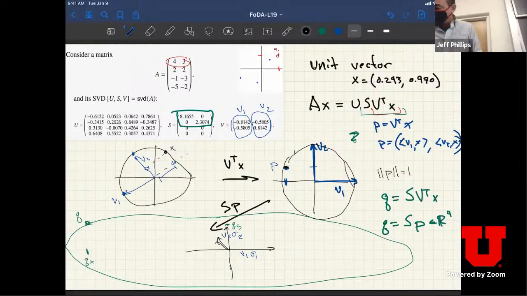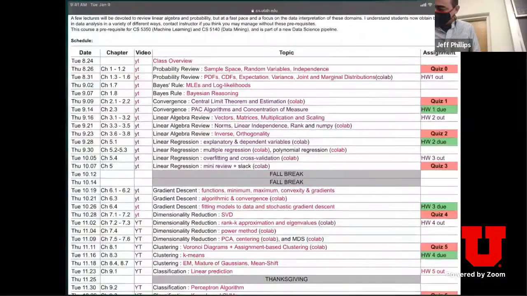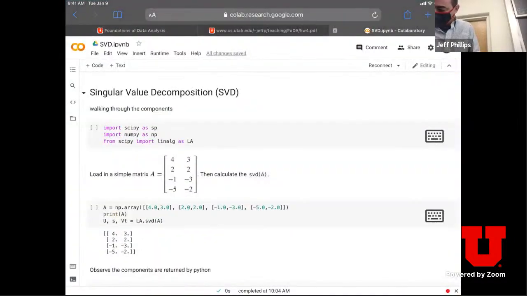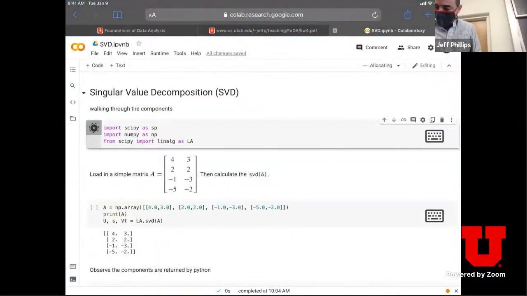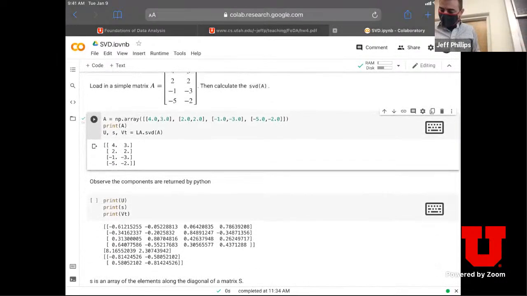So maybe really quickly, let me just show you in Python how to do this. Built into SciPy is the linear algebra that you need. We can load in our matrix A, and we can call the SVD, and the output of the SVD will be three things, right?